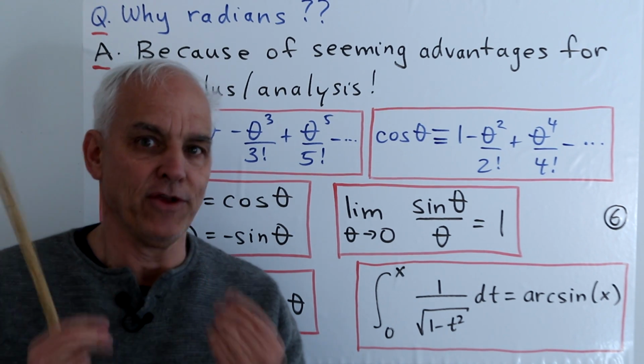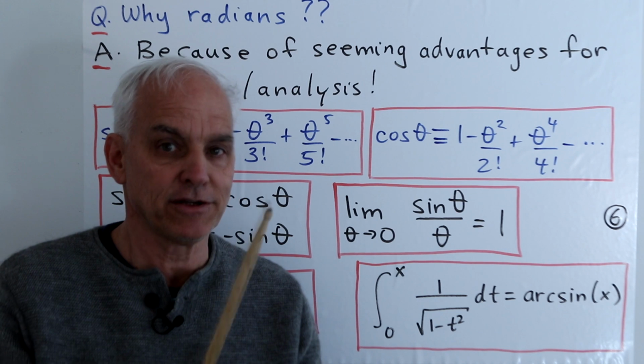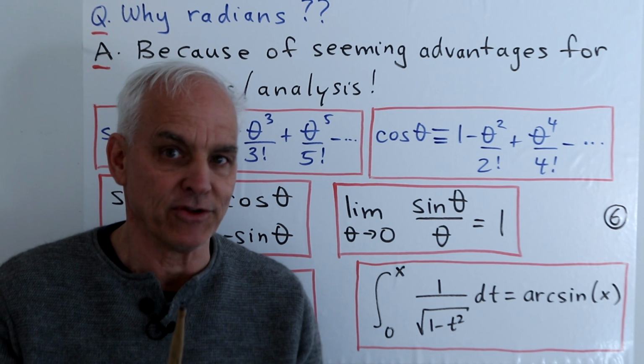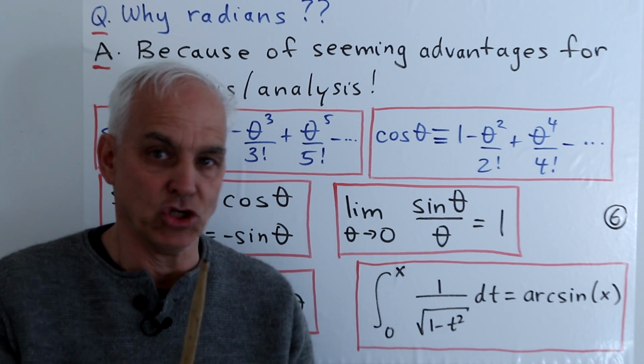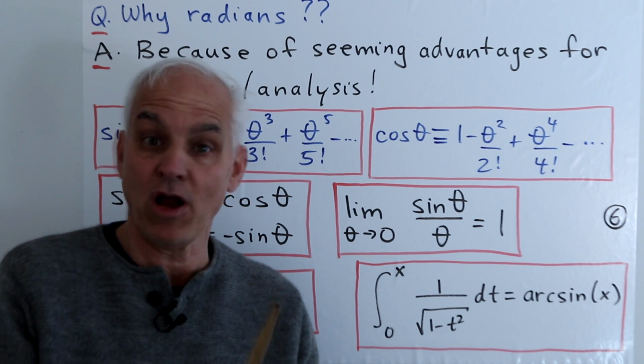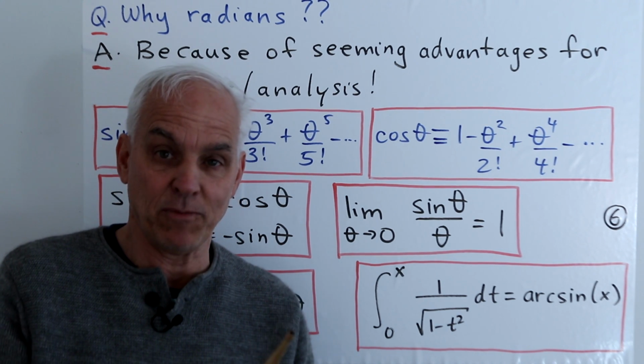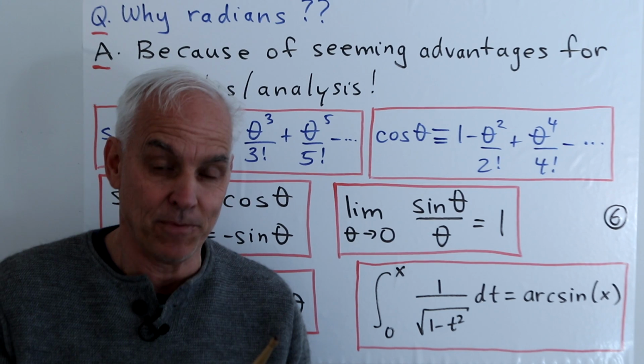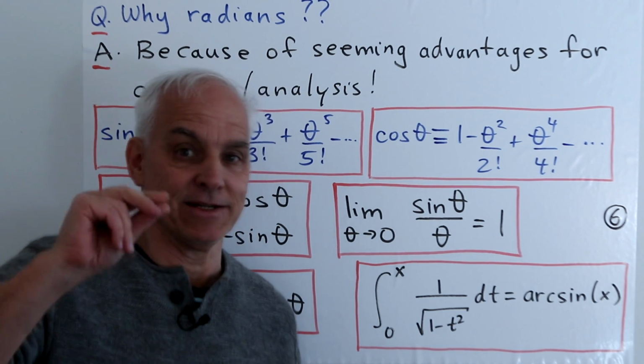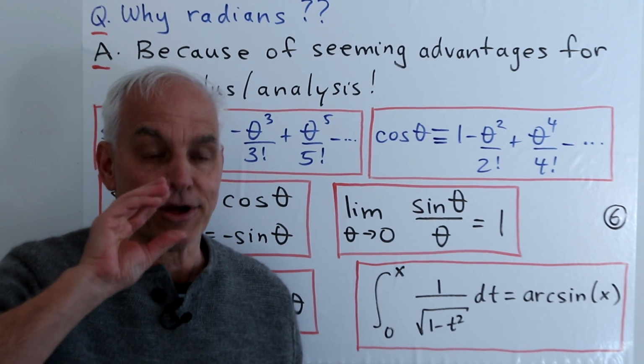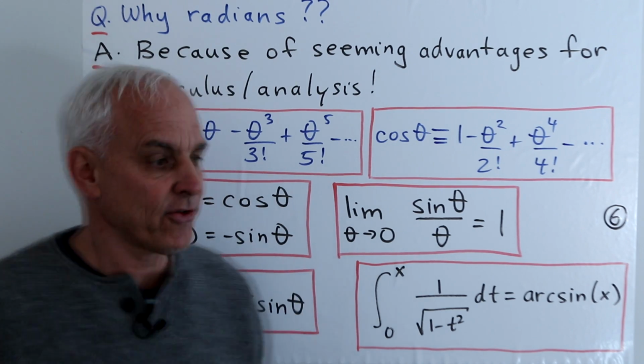That's the real reason why we use radian measure. It's not to make trigonometry simpler. It's not to make geometry simpler. It's not to make astronomy simpler. In fact, all of those things become more complicated with radians. It's to make analysis simpler, or at least the current form of analysis.